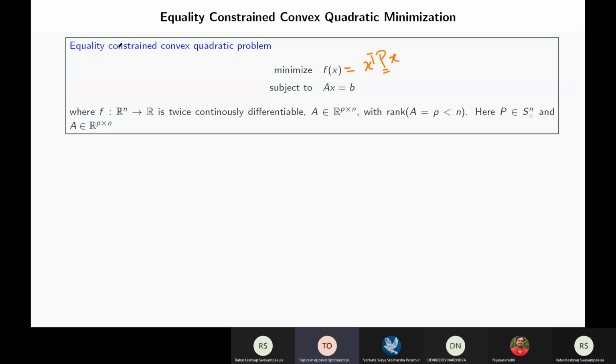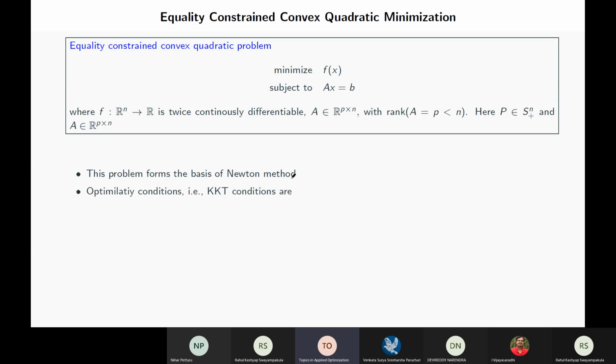So this is the quadratic problem, right? The objective is quadratic, and the equality constrained quadratic problem is like this. And this problem forms the basis of the Newton method. Optimality conditions in this case will look like this. Since this is a quadratic of the form x transpose Px, if I take the derivative, I will get this term: P x star in my KKT conditions.